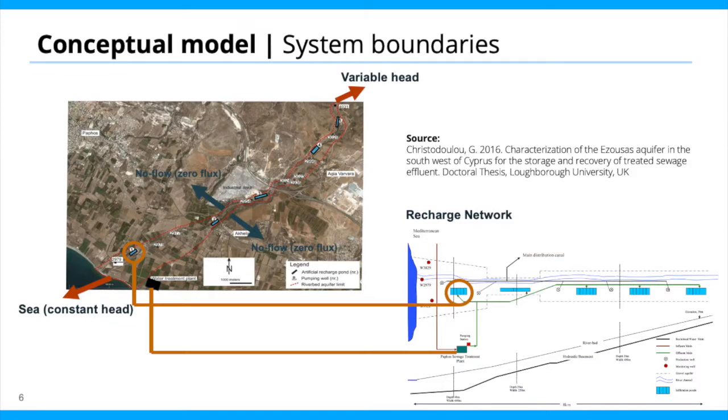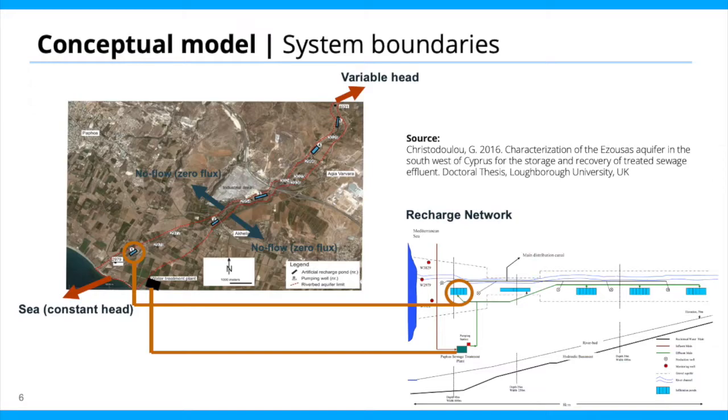And what we show here are the system boundaries based on field measurements. We have decided to impose no-flow boundary conditions at the north and south parts of the domain.